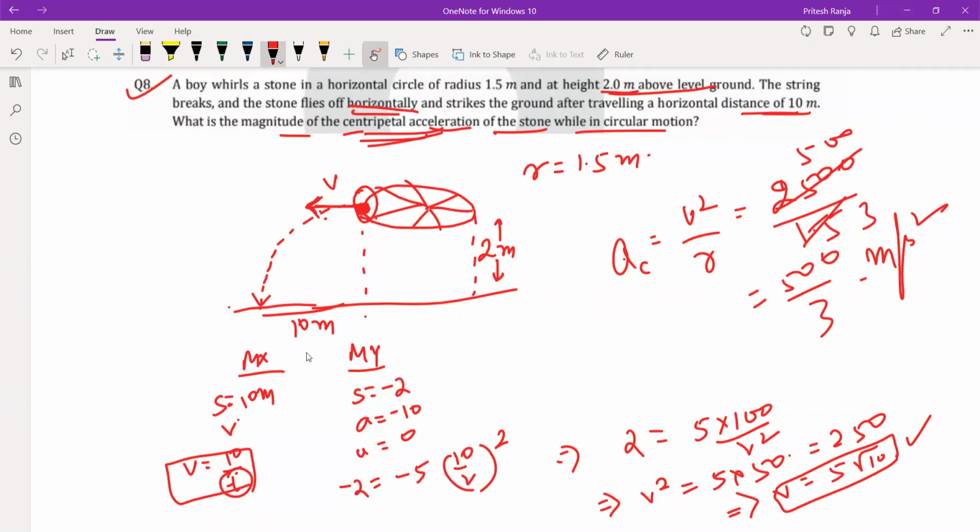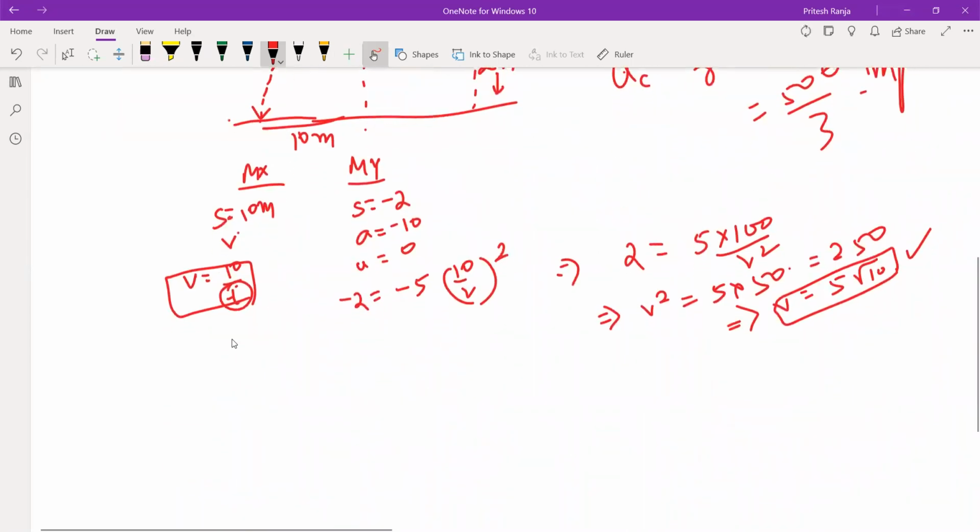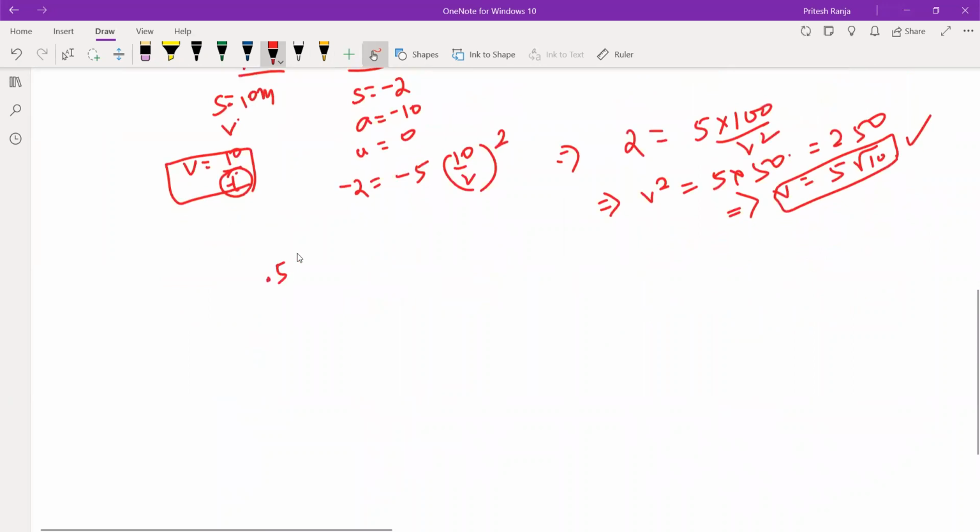So there are almost 9-10 questions left. So the last exercise, that is 0.5, homework section, level 2, question 9 onwards, 9 to 17.